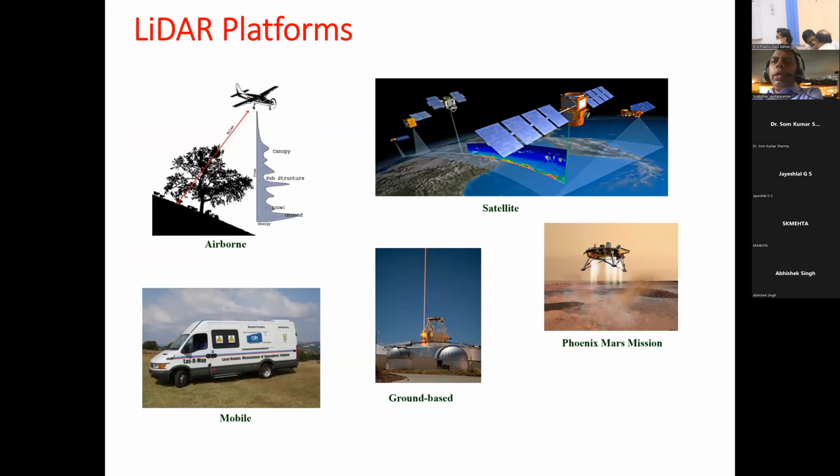Otherwise, if you look at it, the LiDAR has been on different platforms. It can be ground-based, where you can operate it in a single place for a long time, whereas it can also be a mobile system, which my friend Virabhadran has introduced to you. There we can have the system in a vehicle, where you can move and make measurements in a particular place you would like.